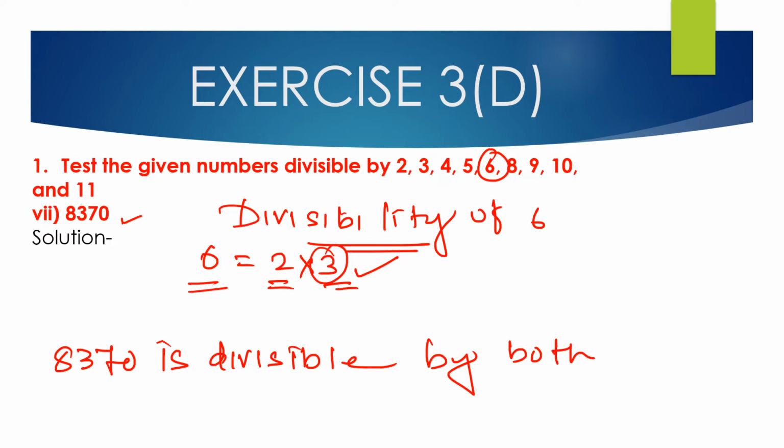So 8370 is divisible by both 2 and 3. So 8370 is divisible by 6.